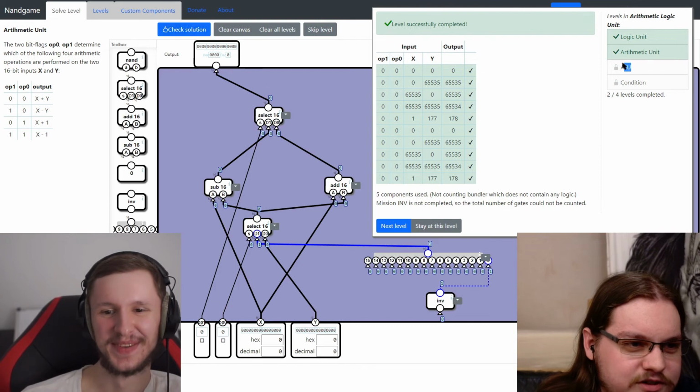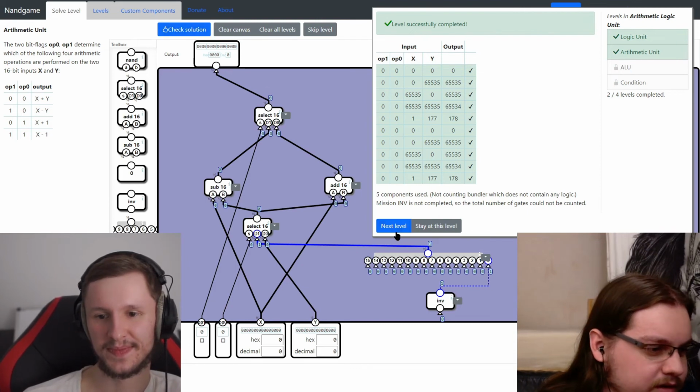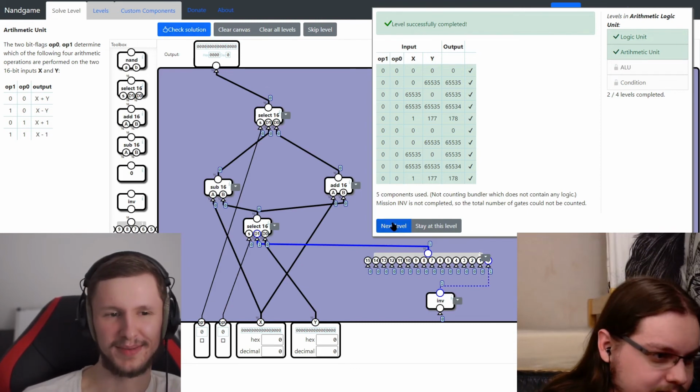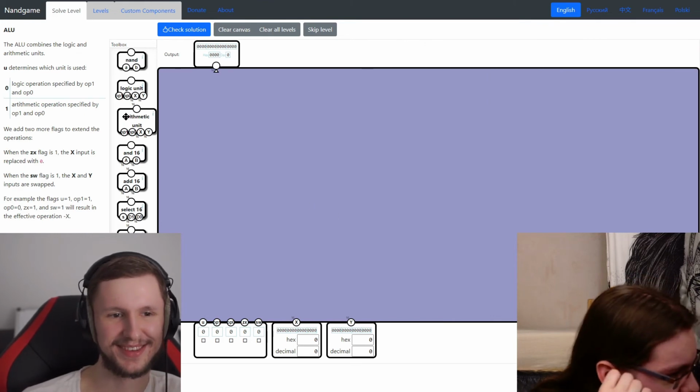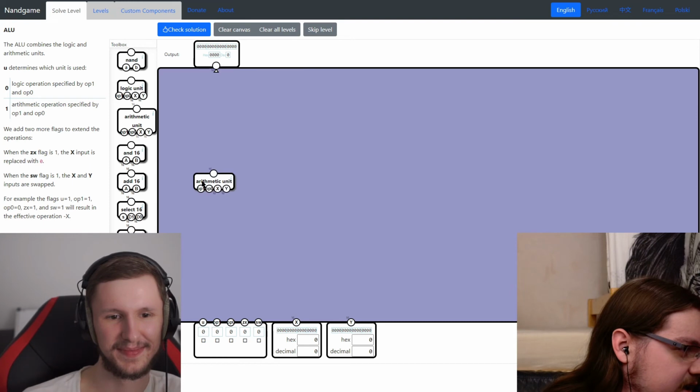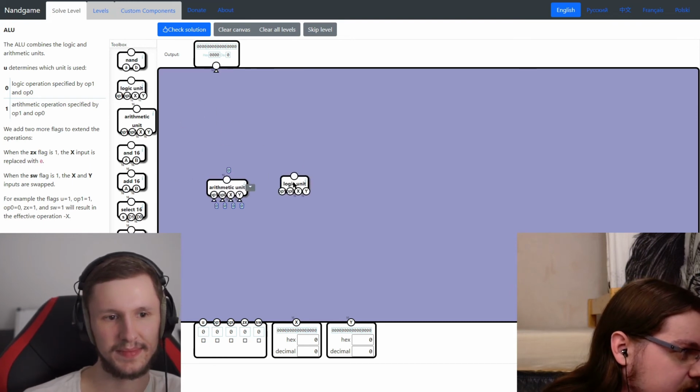So I think ALU is just an arithmetic logic unit, right? It's just both. Probably, yeah. Arithmetic operation, logic operation. Yep, it just combines them. So this should be pretty easy. Arithmetic, logic.